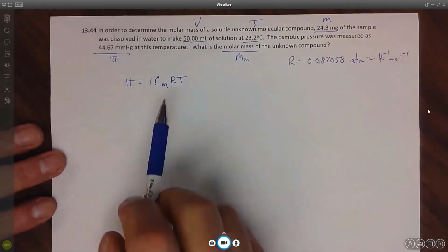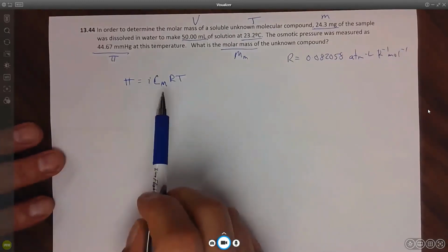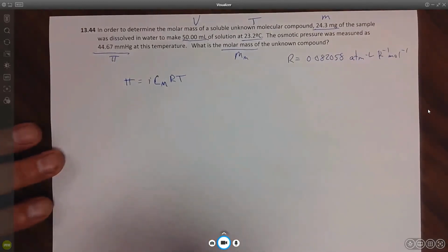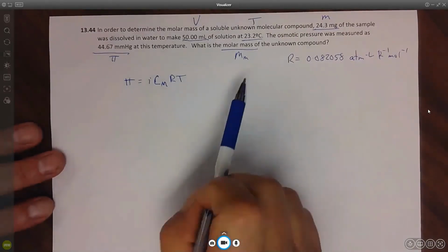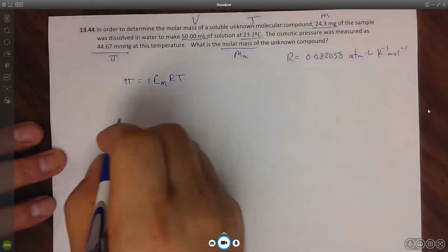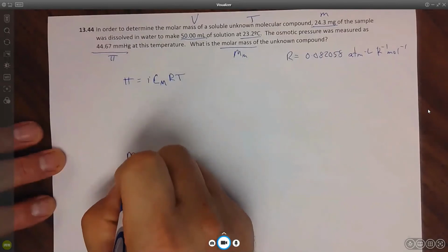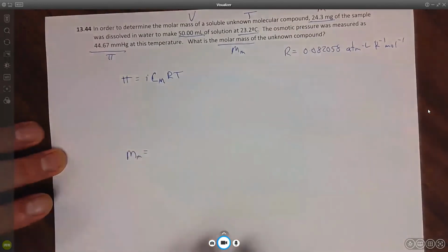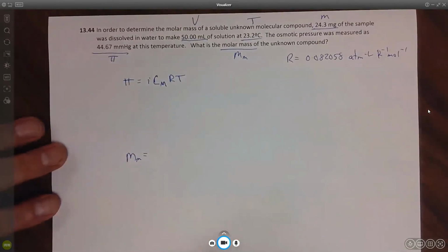So in this case, what am I going to solve for in this equation? Because I'm looking for the molar mass. What is the molar mass? If I was going to give molar mass an equation, what would that look like? Like the numbers that are on the periodic table.